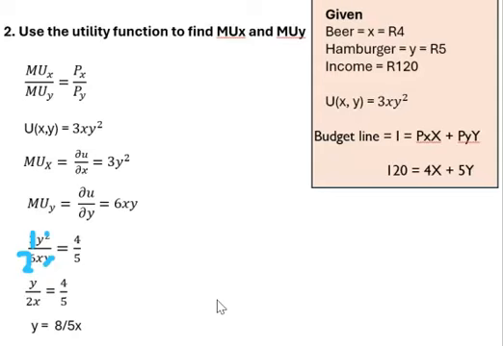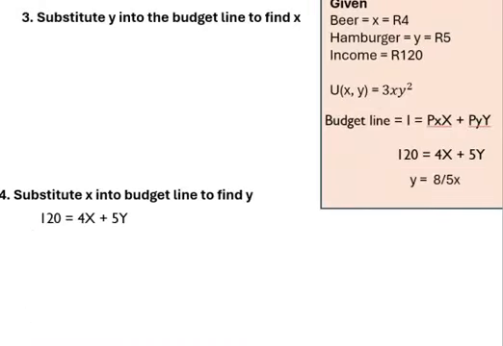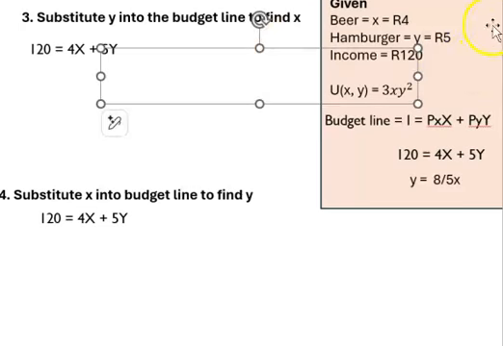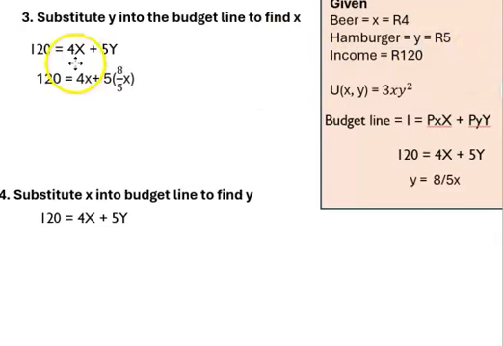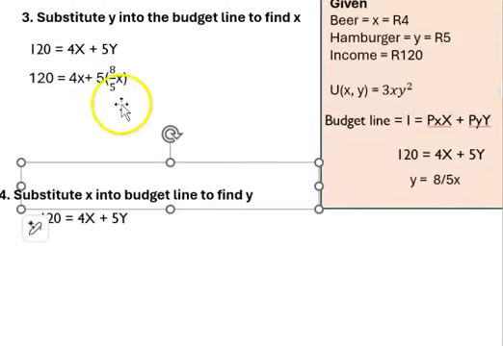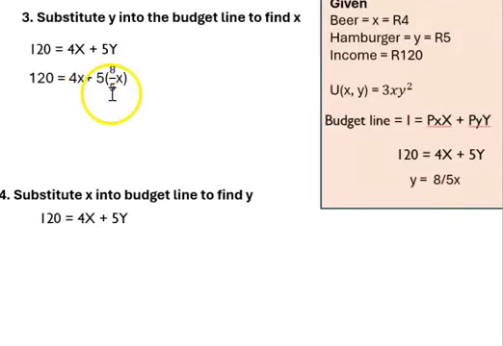So what we need to now find is to substitute this into our budget line so that we can find x. And we know that our budget line is 120 equals 4x plus 5y. So we know that y is 8 over 5x, so we substitute that into our equation. And we get 120 equals 4x plus 5 times our y, 8 over 5x.